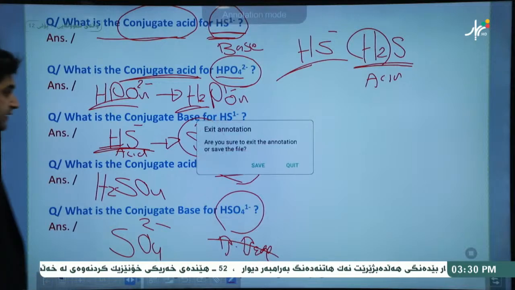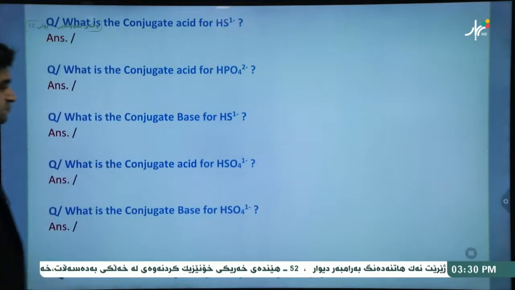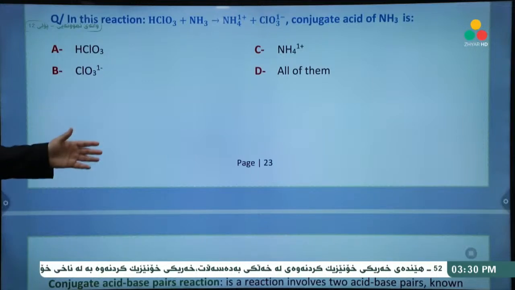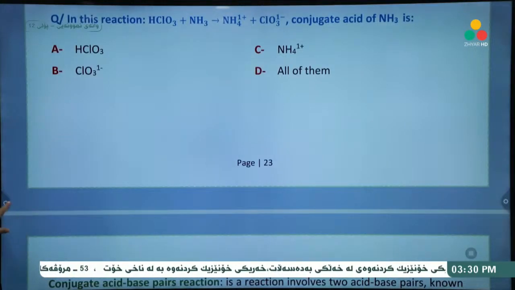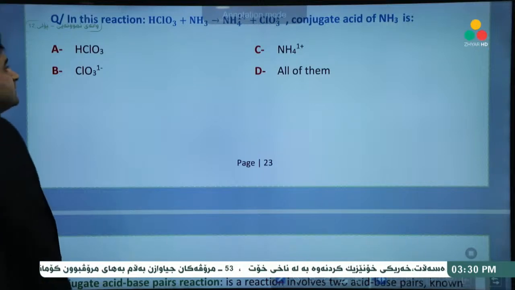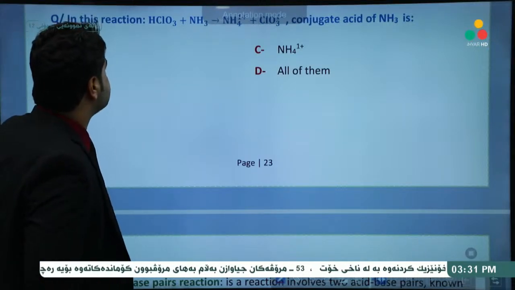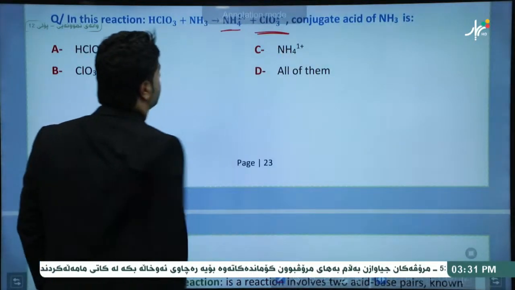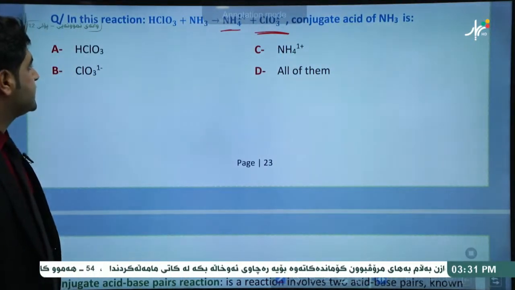Actually, now we have more idea about conjugates, but we still need more practice. We have some more questions. In this reaction, chloric acid plus NH3 produces ammonium and chlorate.